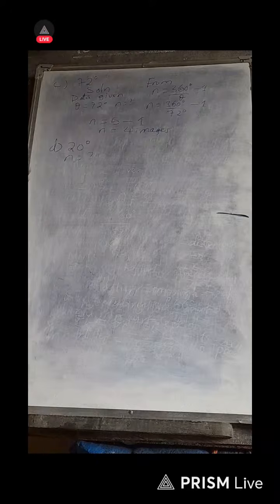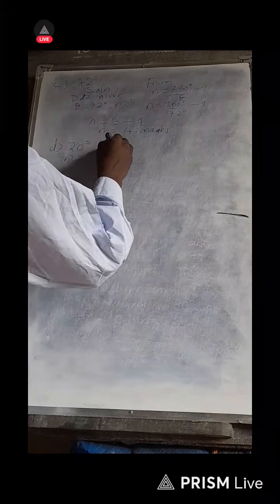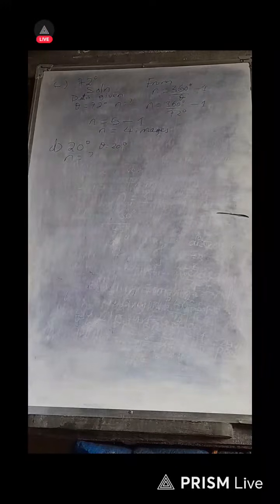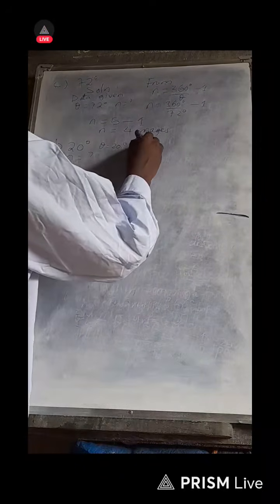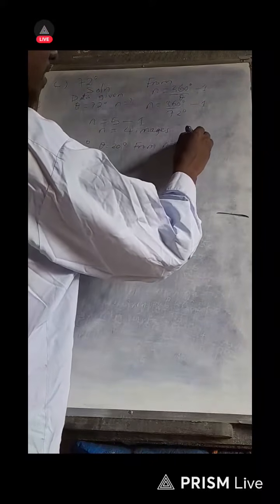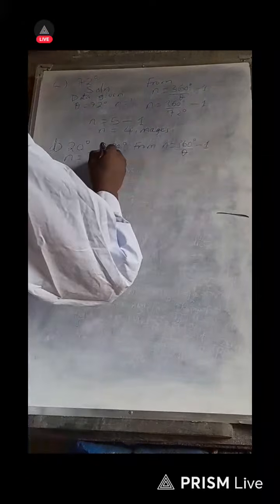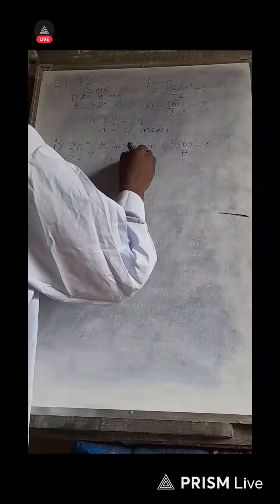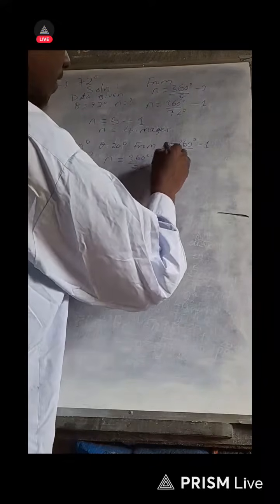Now we know we have given the angle is equal to 20 degrees. From the formula, the number of images is equal to 360 degrees over theta, minus 1. So n will be 360 degrees over 20 degrees, minus 1.